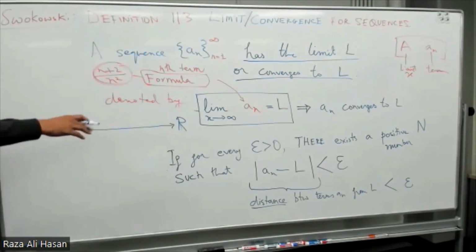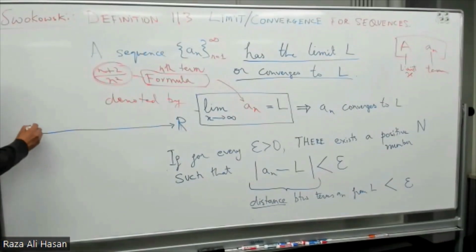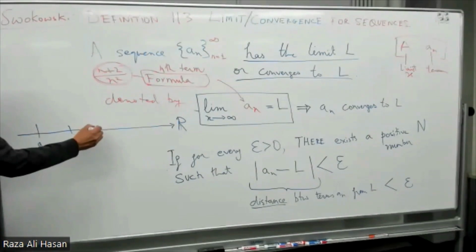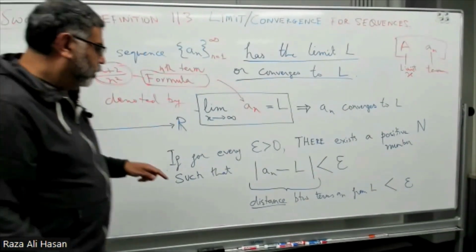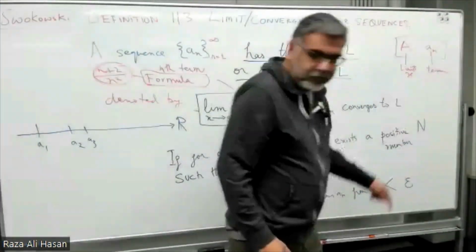We can put this thing, so we got A1, A2, let's say A3 here.